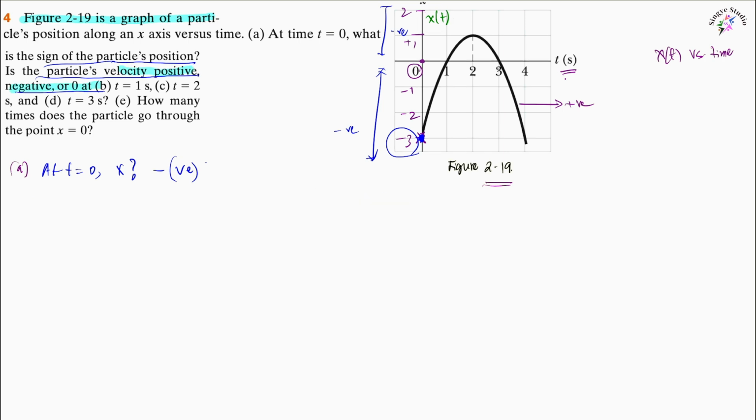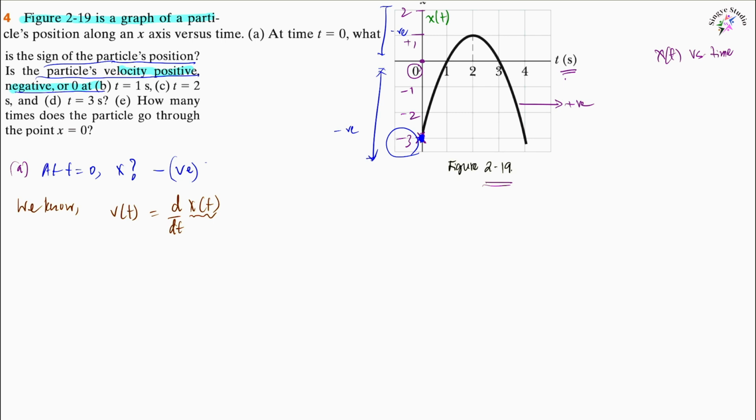So in this question, we have to derive the velocity function from the position function, and we have to find the instantaneous velocity of the particle at the various times. As I have discussed earlier, the instantaneous velocity is the derivative of the particle position with respect to time.